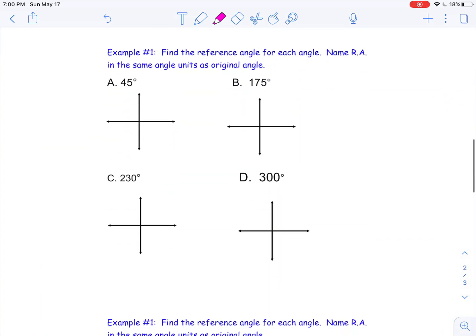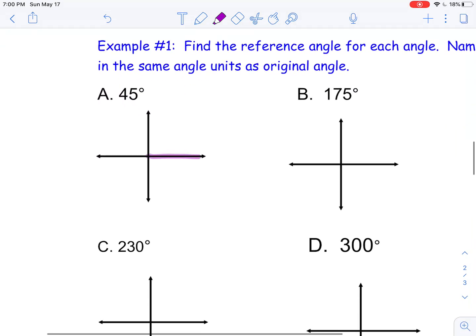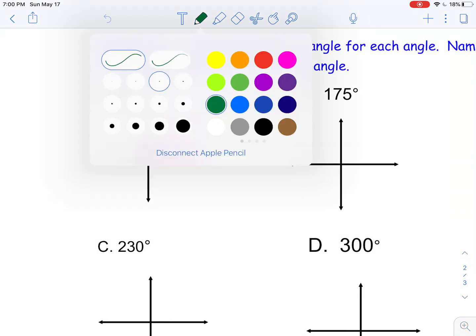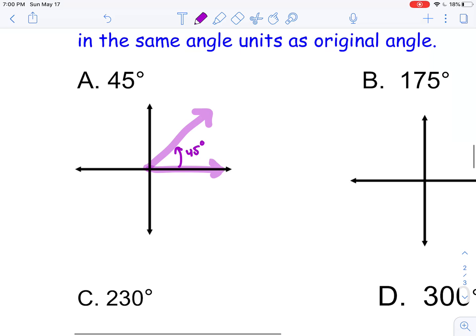All right, so let's do a few of these. Let's say I have a 45-degree angle. So I want to find the reference angle. So here's my angle. I'm in the first quadrant. If I'm in the first quadrant, that means this distance is 45 degrees. My reference angle is always equal to my theta in the first quadrant.